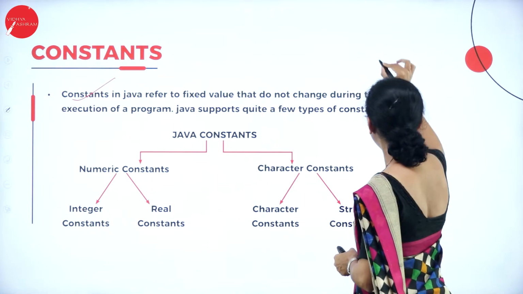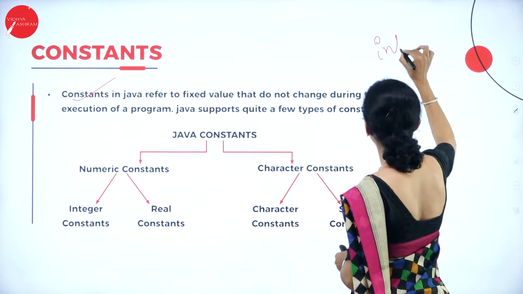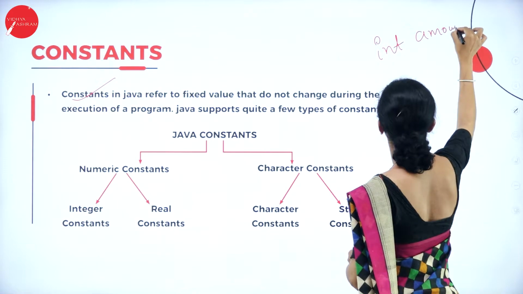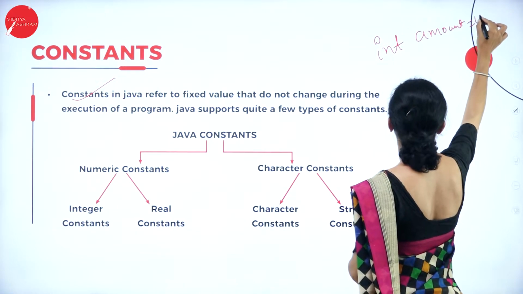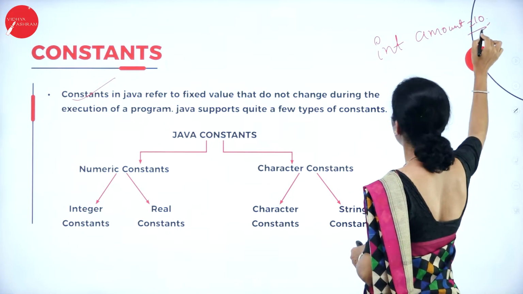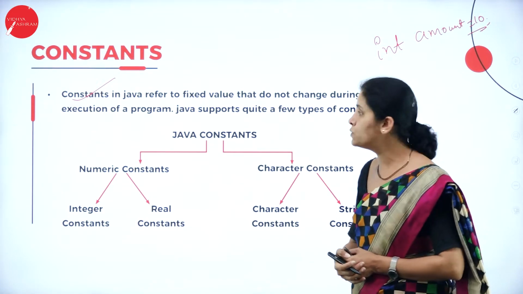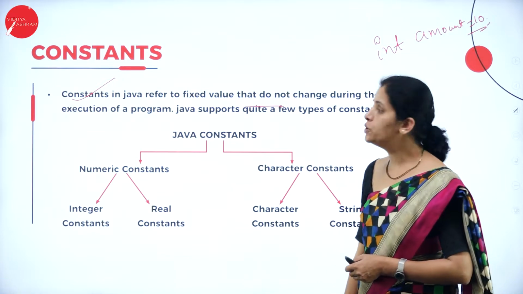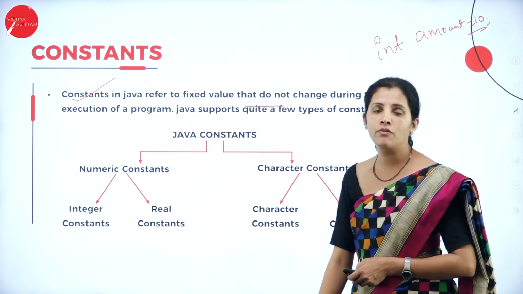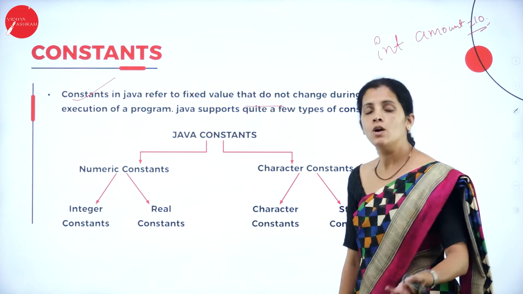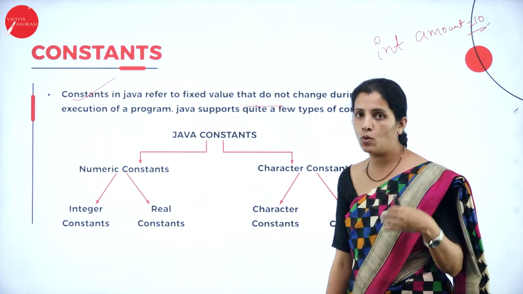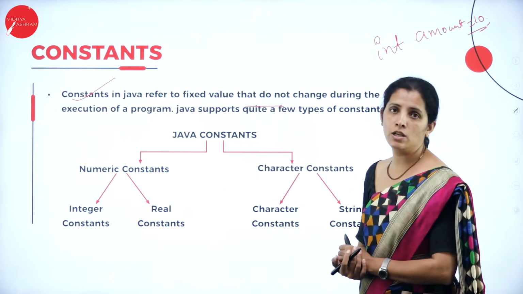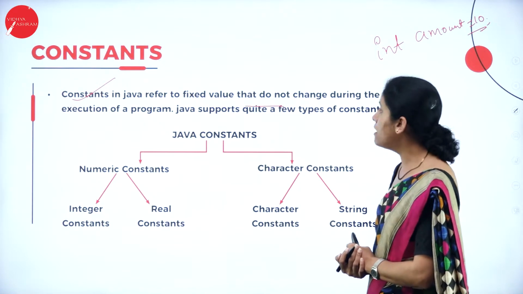For example, if I write int amount equal to 10, here 10 is the fixed value and it does not change during the execution of a program. That means while executing the program, I'm not able to change the fixed value.